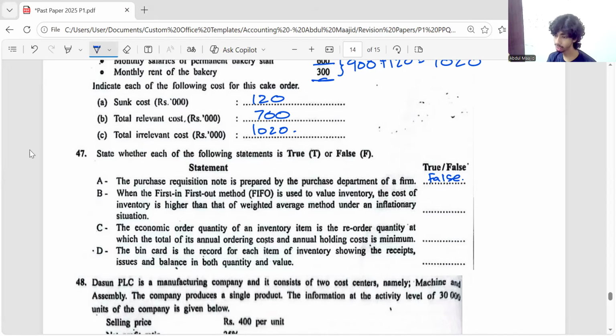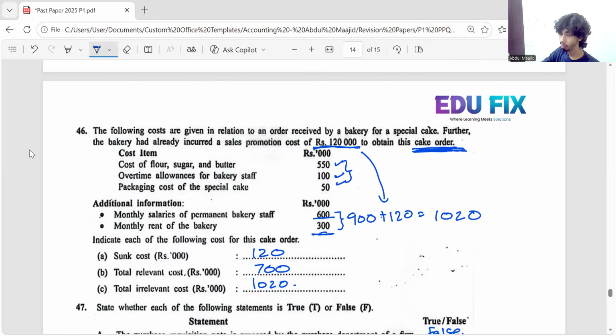When the FIFO method is used to value inventory, cost of inventory is higher than WACC method under an inflationary situation. So I'll just tell you all the theory there.